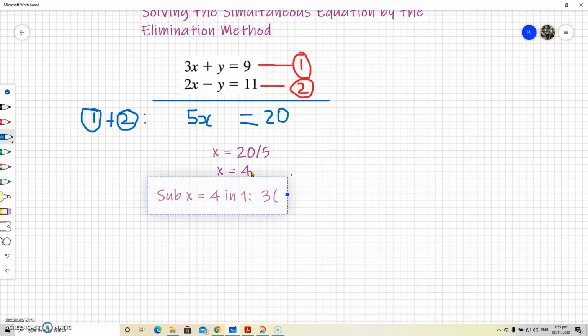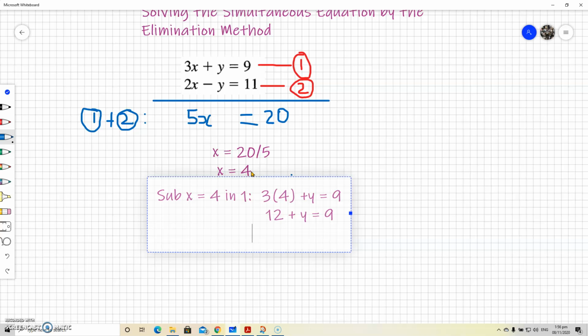That'll be 3 times 4 plus y equals 9. Alright? So 3 times 4 is really 12. So that'll be 12 plus y equals 9.